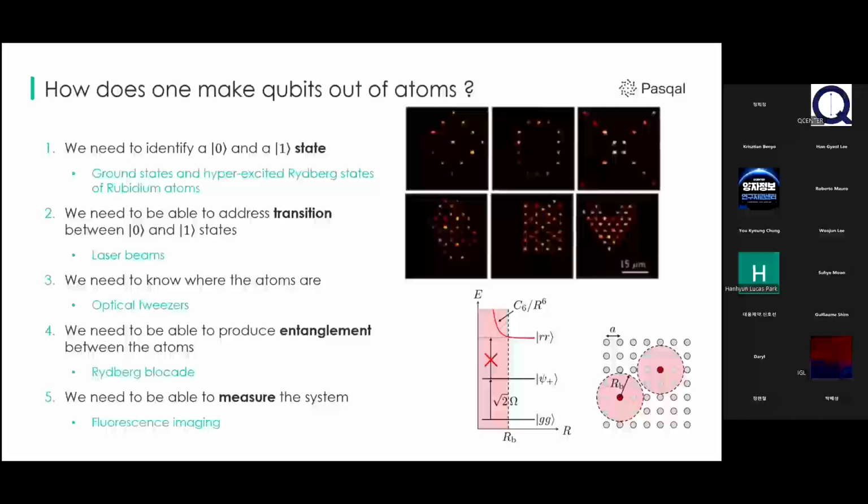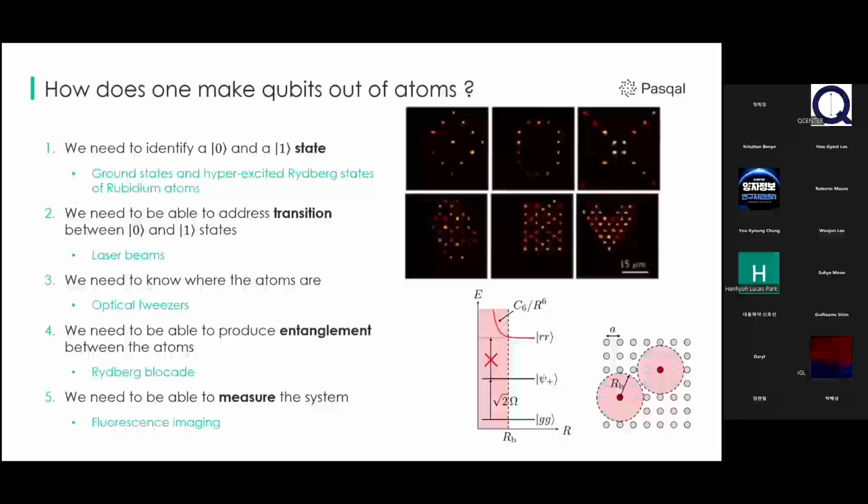Rubidium is one of the simpler and more historic options, due to the fact that it's one of the lighter candidates and it only has a single electron in the outer electron layer.